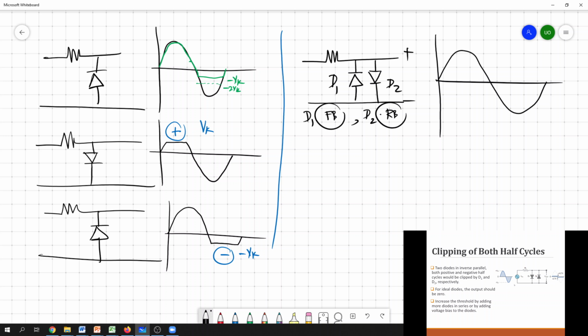So then this is basically simplified to this kind of scenario.